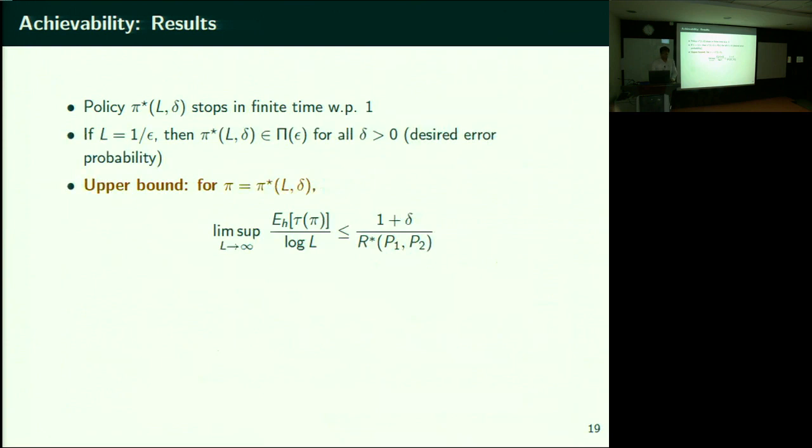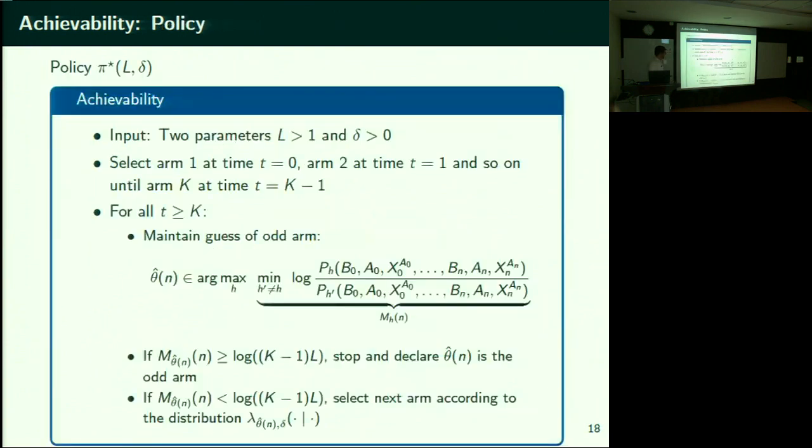This is not an SRS policy, right? Your lambda keeps changing with time. It's assumed your lambda wouldn't change with time, but here lambda is a function of your theta hat of n. Yes.